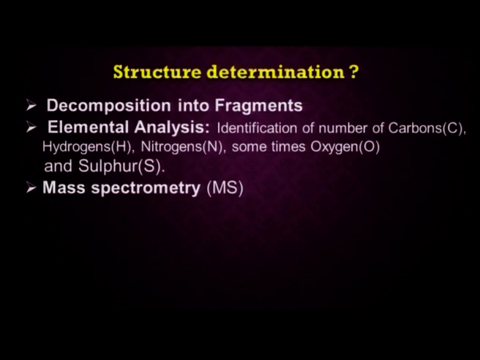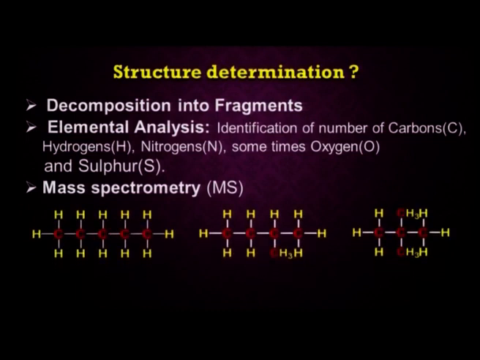Let me check whether these methods succeeded in the structural determination of organic molecules. On the screen, you are able to see 3 molecules. If you observe, each molecule contains the same carbons and the same hydrogens, 5 carbons and 12 hydrogens.